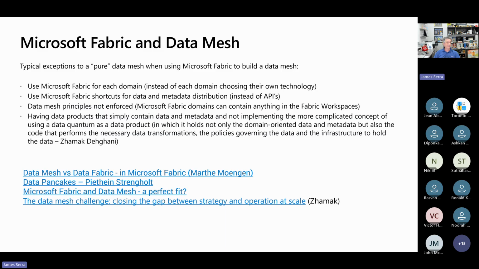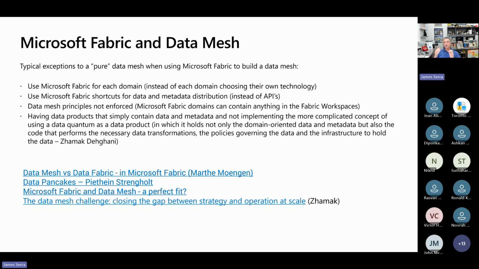One of them is that you're required to use Microsoft Fabric. In data mesh, in theory, each domain can use whatever technology it wants, but that's going to be extremely challenging.